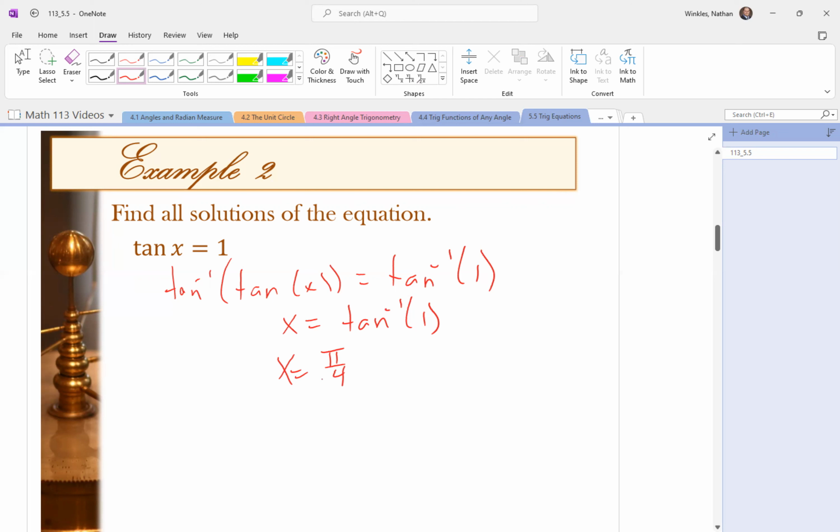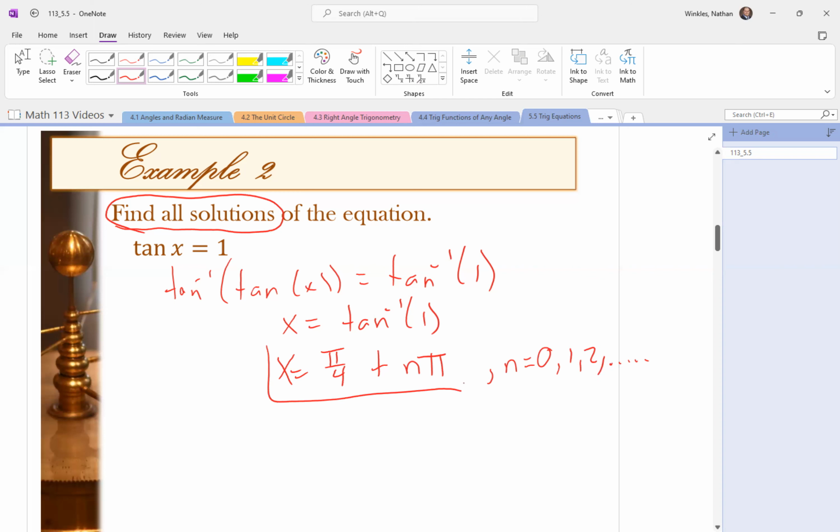Now, it tells us to find all solutions. Anytime we have to find all solutions, we need to add the period of our function. The period of tangent is pi, and I'm going to put an arbitrary n here, where n equals 0, 1, 2, and we can keep going from there.